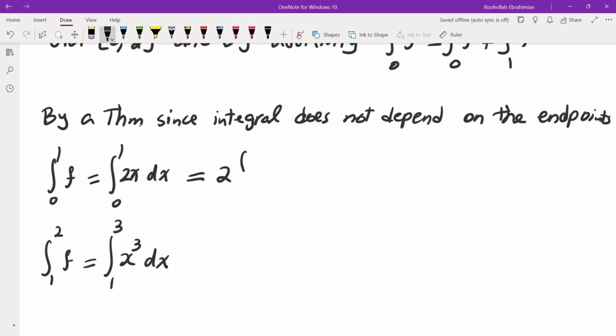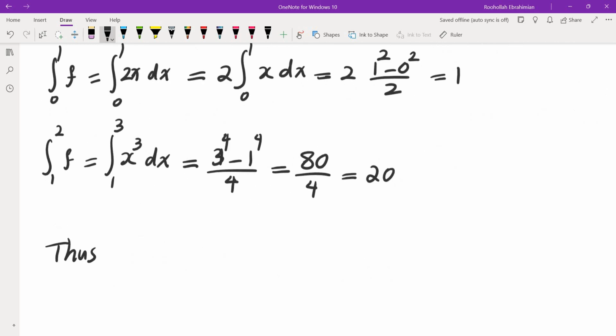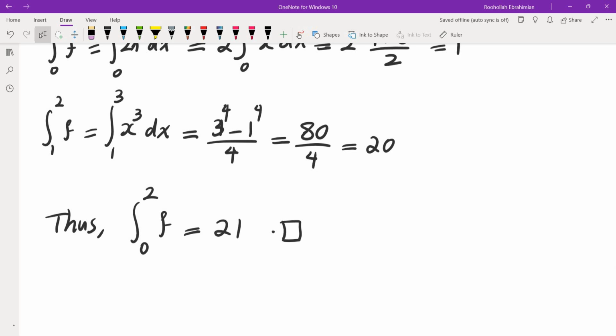But this is equal to twice the integral from 0 to 1 of x. And we already found this one. This is 1 squared minus 0 squared over 2. So that's 1. And this one is 2 to the 4 minus 1 to the 4 over 4. So that is 16 minus 1, that's 15 over 4. That means the integral from 0 to 2 is 21, which is exactly what we wanted to find.